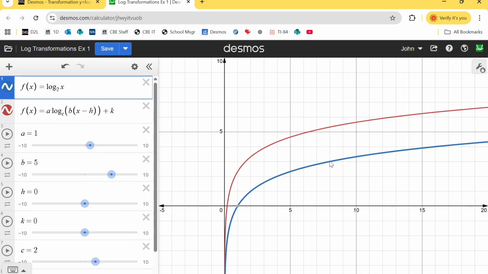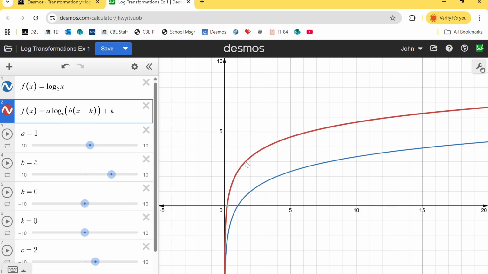So I know on y equals log base 2 of x, if x is 8, then y is 3. So when I have a horizontal stretch, b value 5, by a factor of 1/5 about the y-axis, I should do 8 divided by 5, which would be 8/5, or what is that approximately? 8 divided by 5, I should get about 1.6.